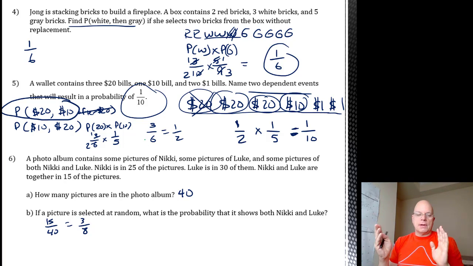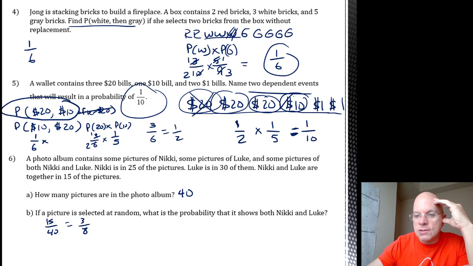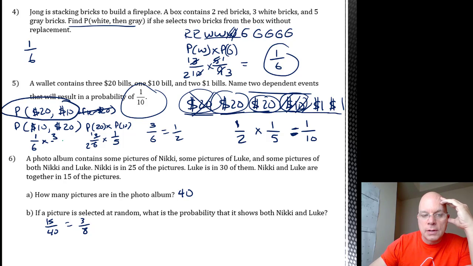You also can, because of the commutative property, do probability of 10 followed by 20, because if I go back to the original situation, there was only 1 $10 bill out of 6 bills to choose from. But once that 10 is gone, there are 3 20s out of 5 bills.